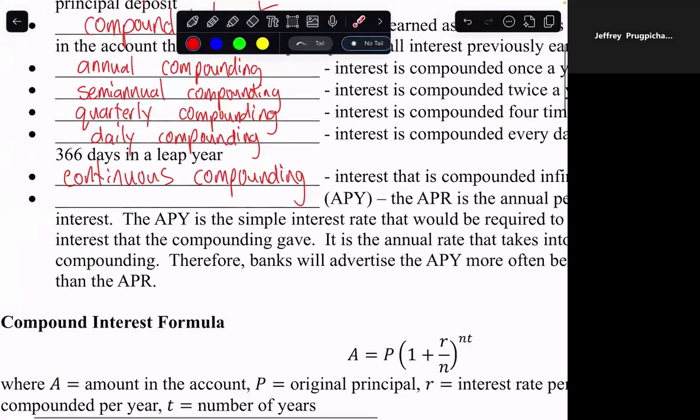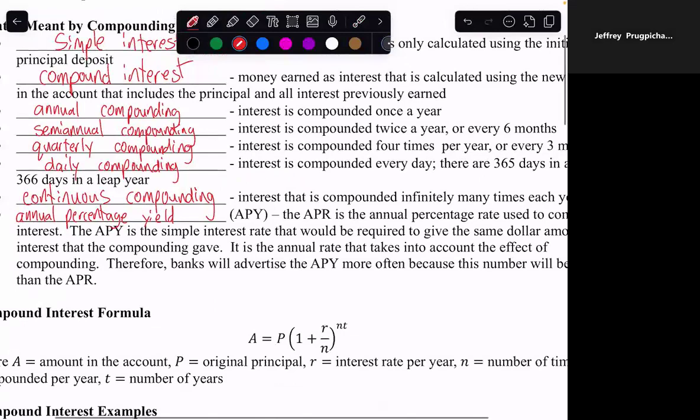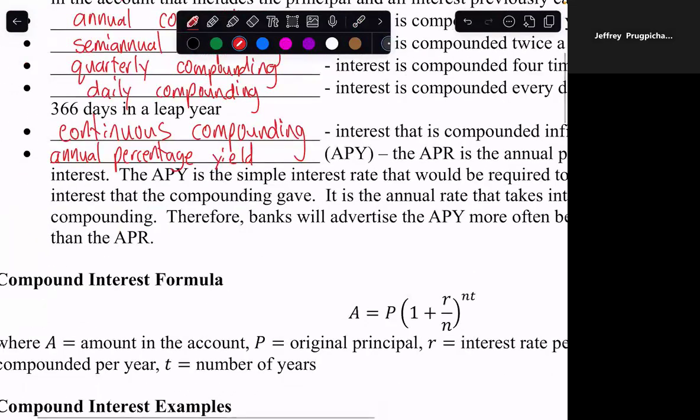Okay, and then we want to make sure we don't confuse this new term APY with APR, which we previously discussed. APY stands for annual percentage yield. The word yield in this context is sort of like the output.